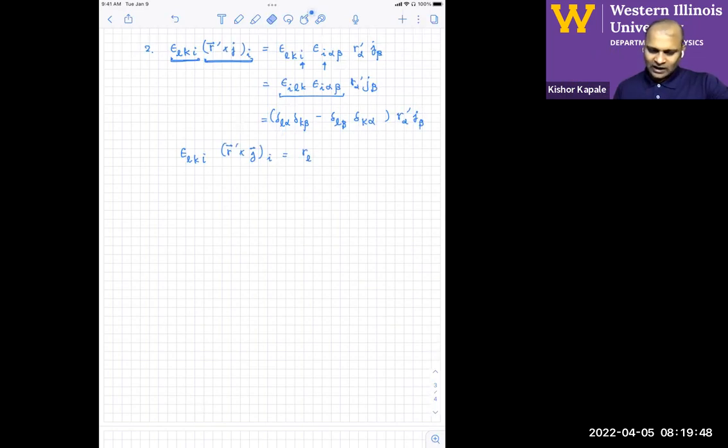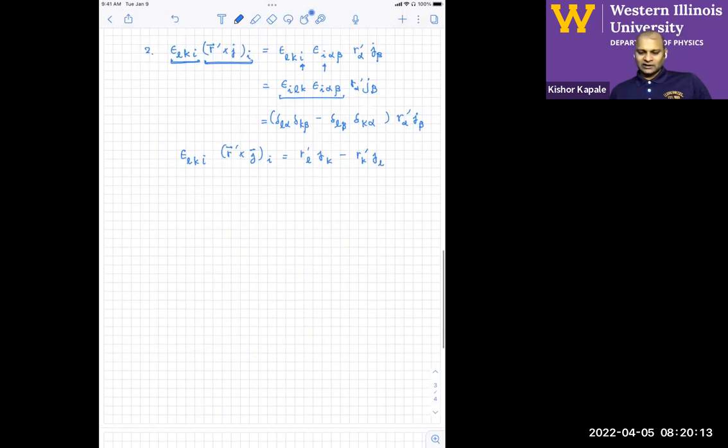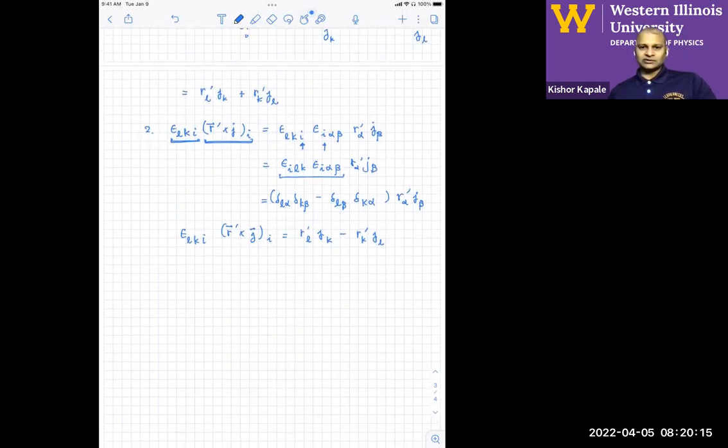So this R alpha prime J beta, when you multiply it with the first product of the deltas, you're going to get RL prime JK, right? And the second term is going to give us RK prime JL. Everybody with me so far? Okay, so you can see those are the two simplifications.